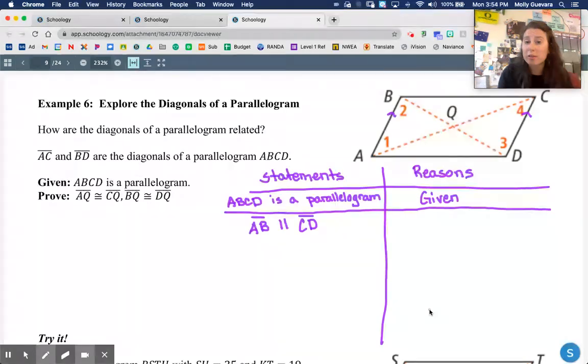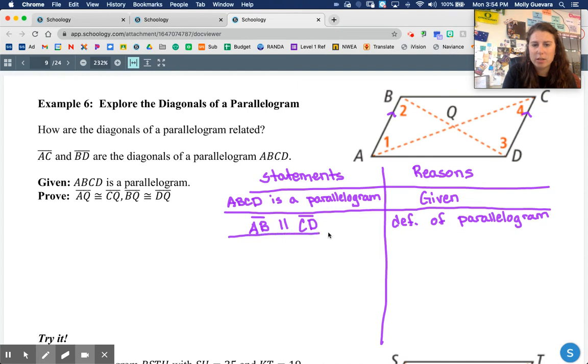How do I know that those two sides are parallel? Well, in a parallelogram, opposite sides are parallel, right? So this is the definition of parallelogram. By definition, I know that opposite sides are parallel.